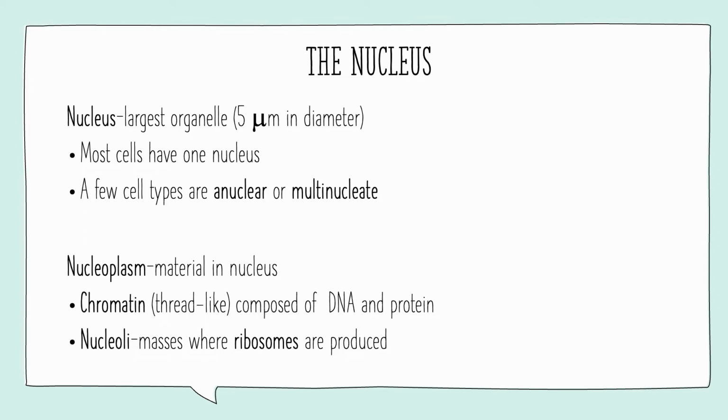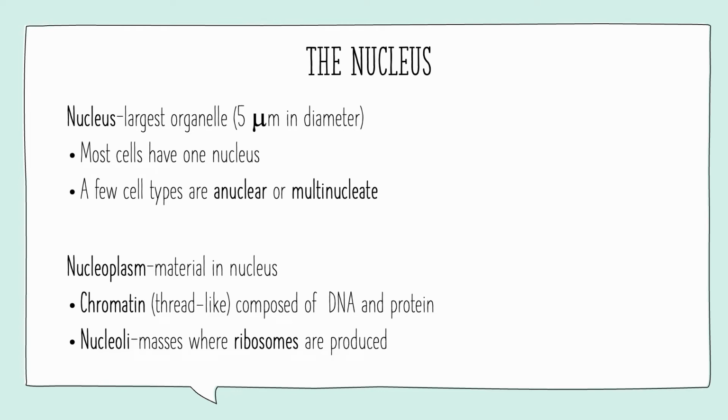Okay? You have nucleoplasm, which is the material in the nucleus. Then you have the chromatin, which is thread-like and composed of DNA and protein. And then you have the nucleoli, which are masses where ribosomes are produced.